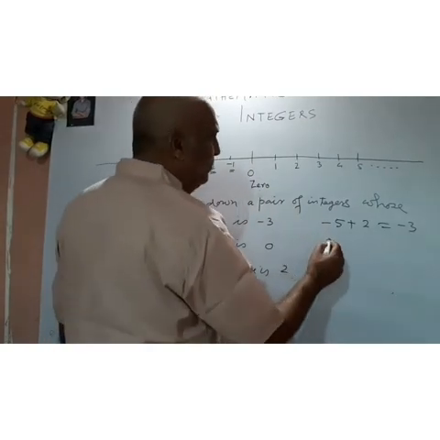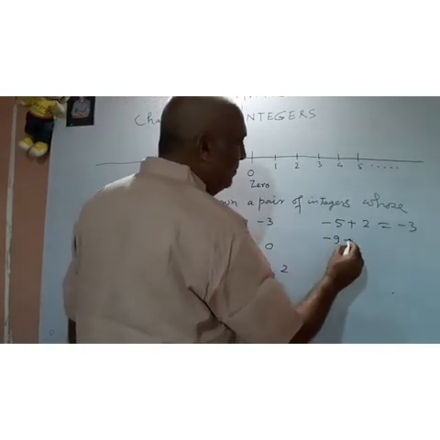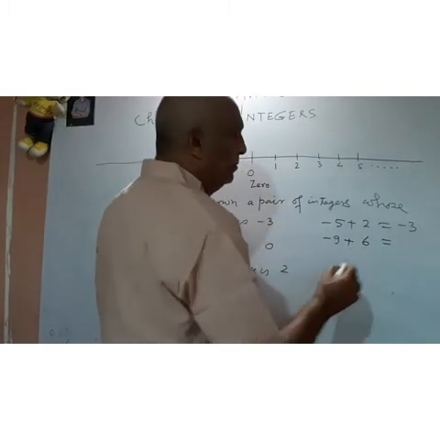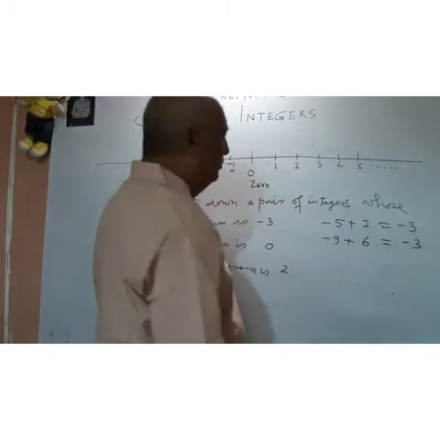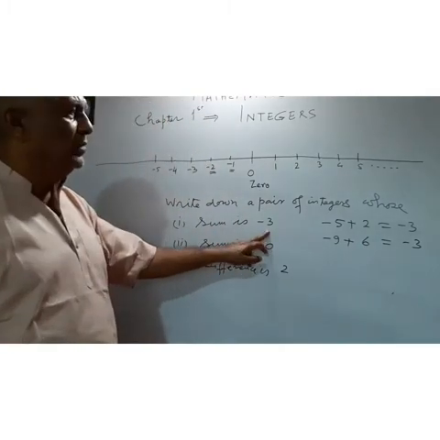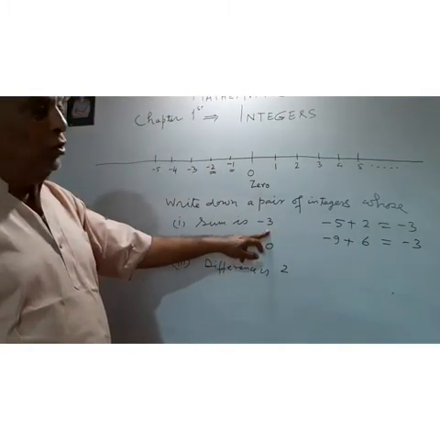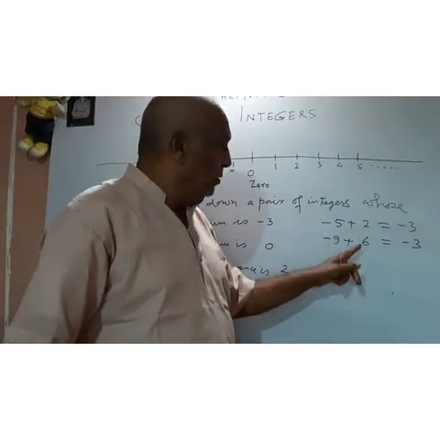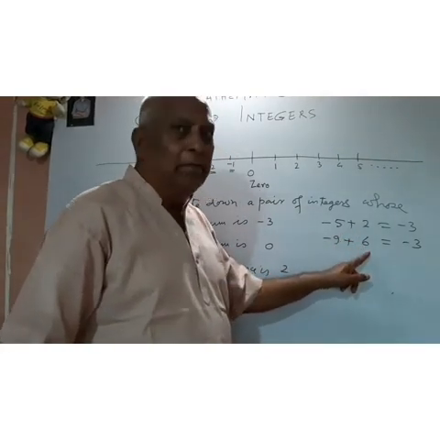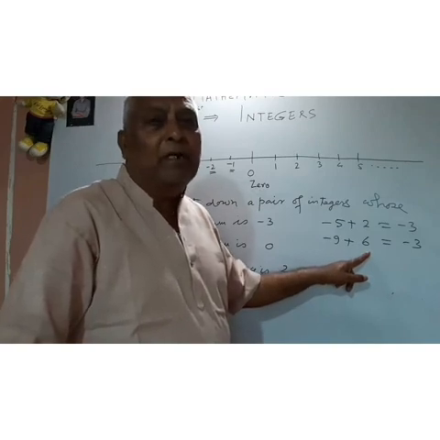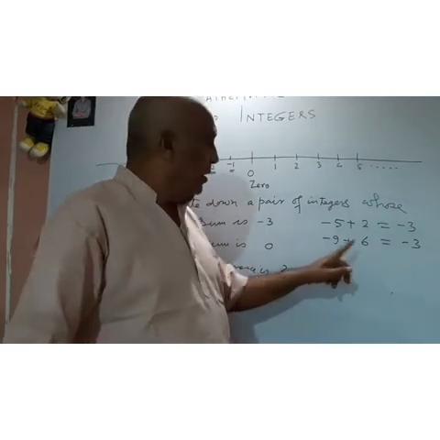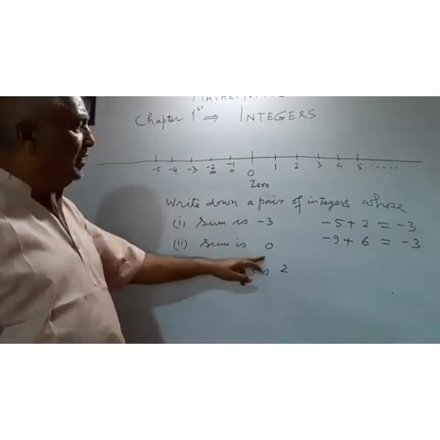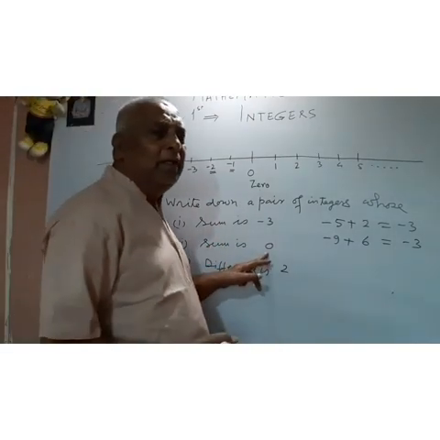Further, you may take minus 9 plus 6 is equal to minus 3. Sum is minus 3. You will never write down 6 minus 9. This will be the process of subtraction, not of addition. You have called sum. Sum means addition.